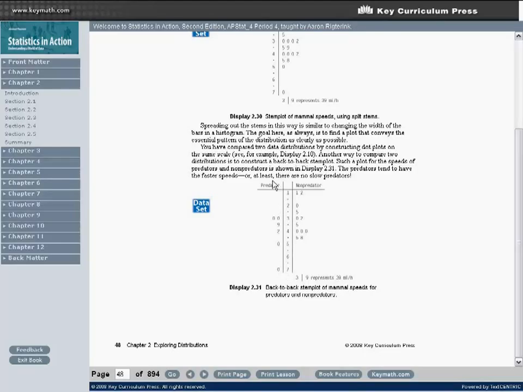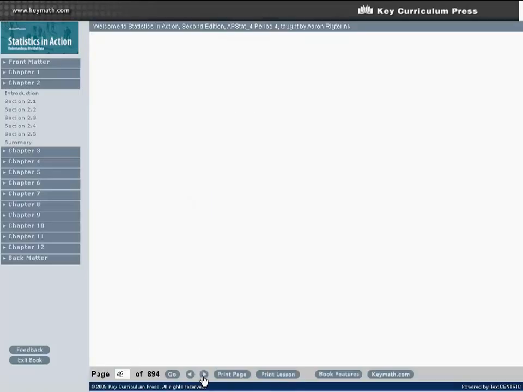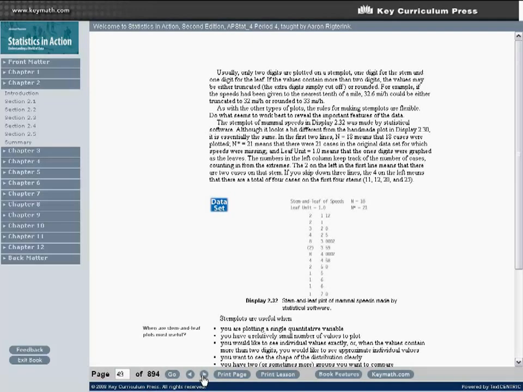And so the left side, the predator side in this case, you're basically reading the digits backwards because the stem has to come first and then it's the leaf, which is the next digit. So something to keep in mind when you are reading values off from these types of plots. Okay.